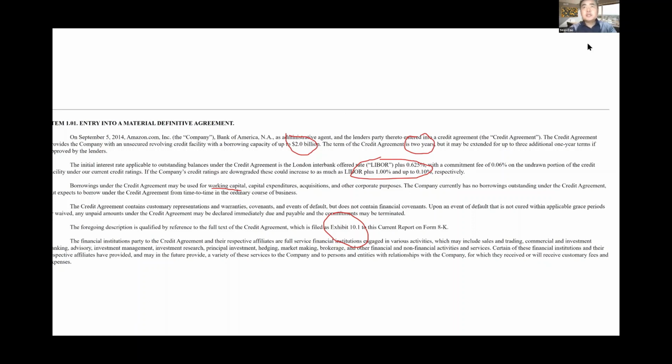So let's look at this simple item 1.01. Can you guys see? This is item 1.01, so this is a material contract.